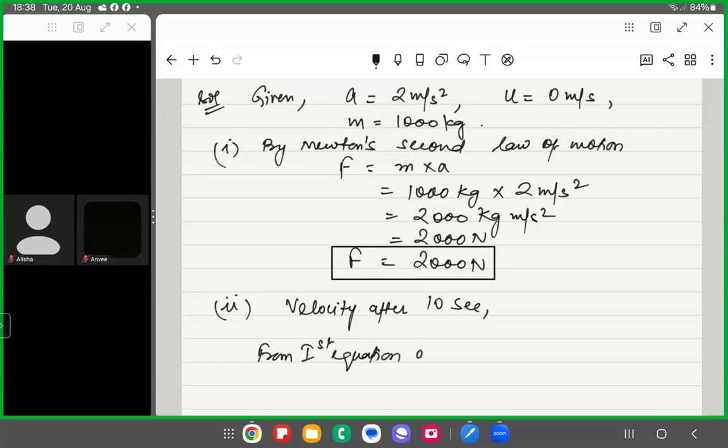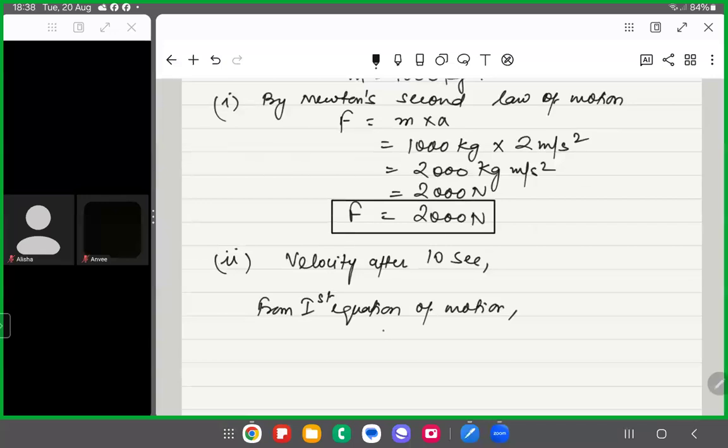What is the first equation of motion? v is equal to u plus at, right? Since initial velocity is already given in the question, it is 0. Final velocity we have to find. It is moving with acceleration 2 meter per second square, so it is 2 into t. We are finding velocity after 10 seconds, so t is 10 seconds.